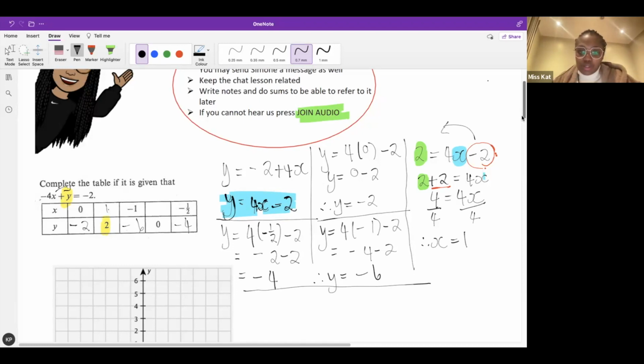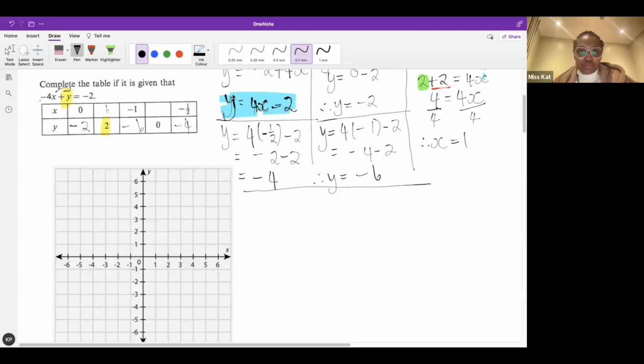Okay, let's go. Ma'am, I use the equation y equals 4x minus 2. So I substituted y with 0. Okay, so 0 equals 4x minus 2. Then I transposed the -2 to the other side, and it became 2 plus 0 equals 4x.